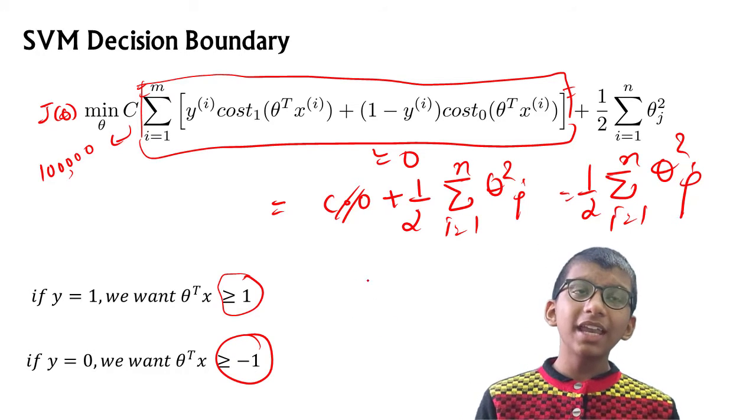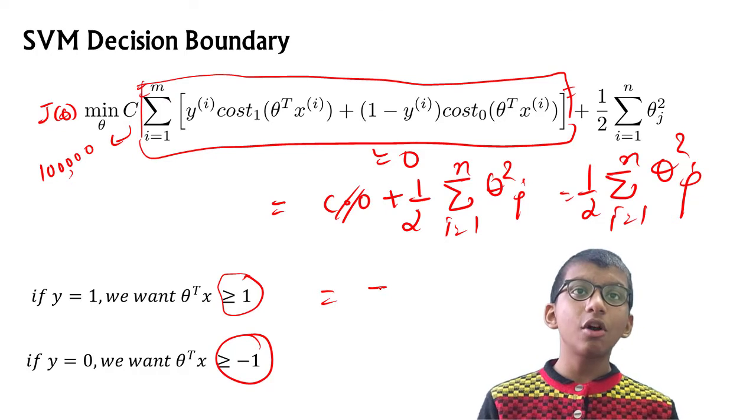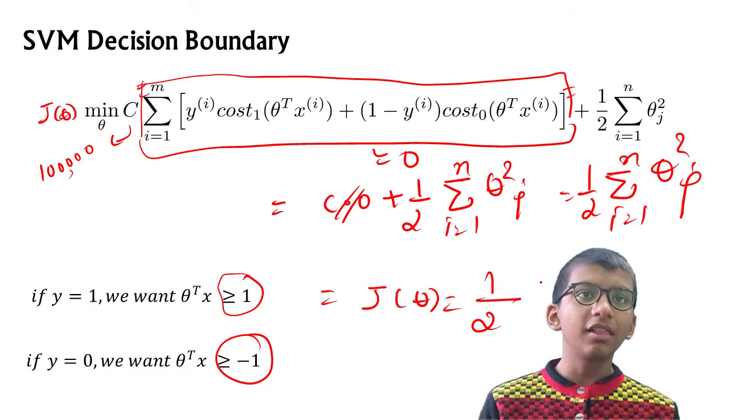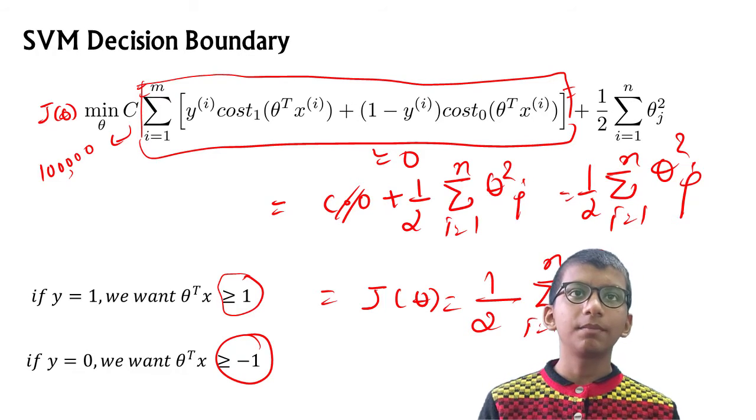So we have a new optimization objective: J of theta equals 1 upon 2, if C is very large, summation i equals 1 to n of theta j squared.